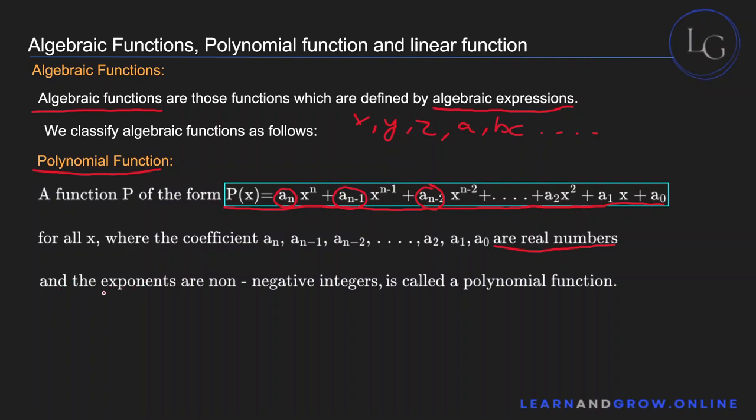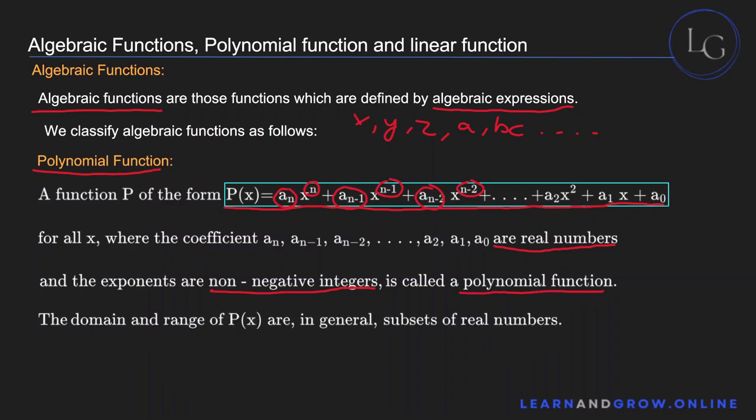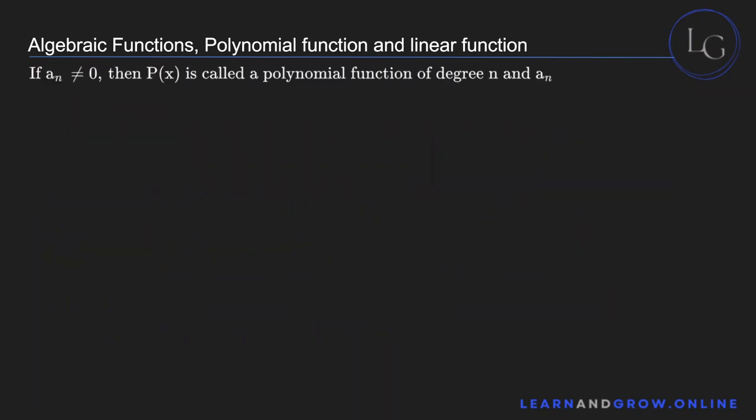And the exponents, basically these n terms, are non-negative integers. So when these two conditions are fulfilled, it is called a polynomial function. And the domain and range are subsets of real numbers for polynomial functions.